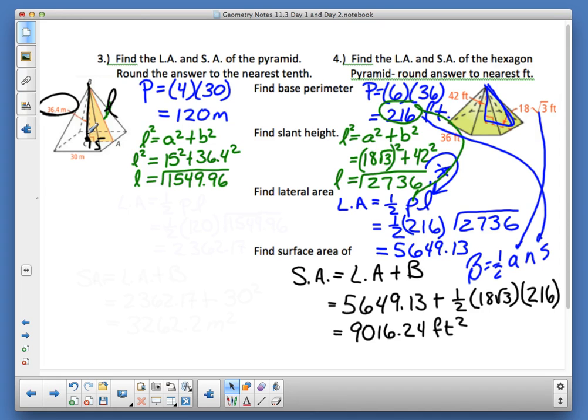Okay. So I've got my slant height completed. Now that I have perimeter and I have slant height, I can quickly plug them in to find lateral area. Go ahead, get her done.